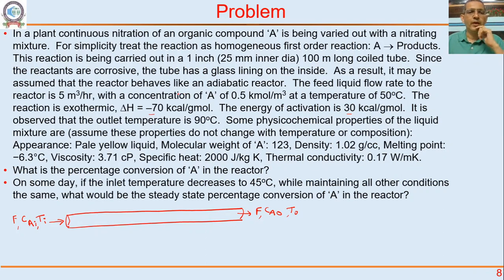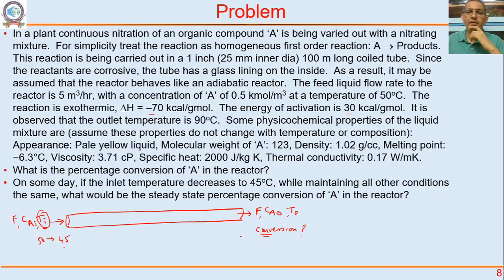Now, second case, what are we asking? On some day, the inlet temperature, instead of the usual 50 degrees centigrade, suddenly becomes 45. What would be the conversion in the reactor for this particular inlet temperature?